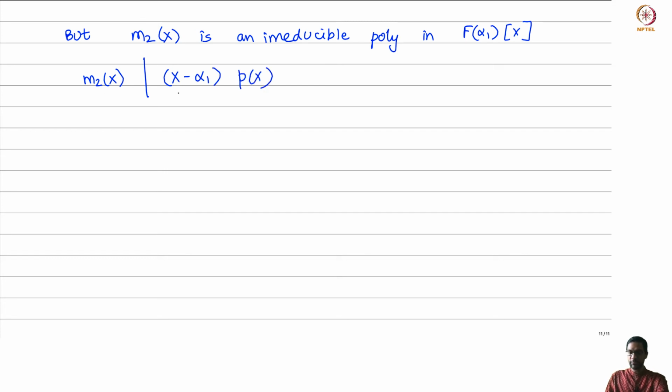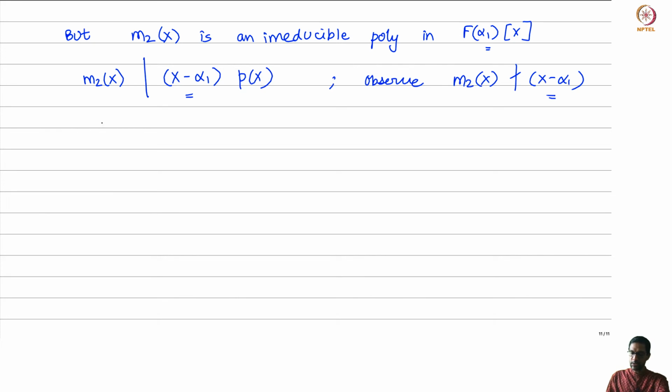So clearly M2 of x does not divide the first factor, right? Because the first factor is just a linear factor. So observe M2 cannot divide the first factor. In fact, it's relatively prime to the first factor, because you can just think of this as being an irreducible polynomial of degree 1 in this ring f alpha 1 of x.